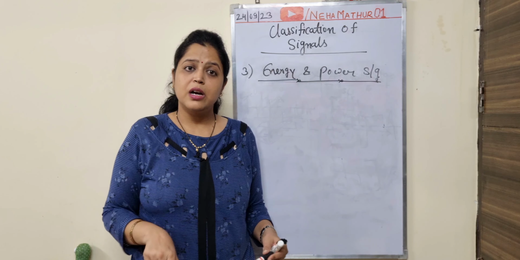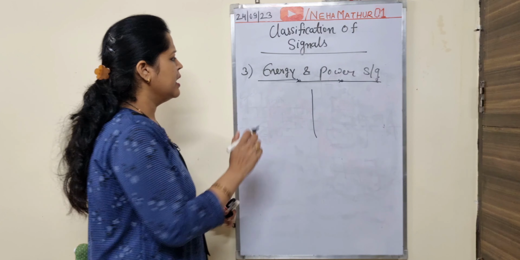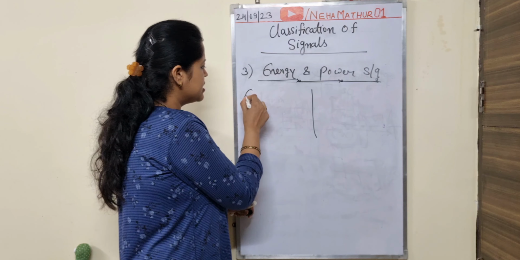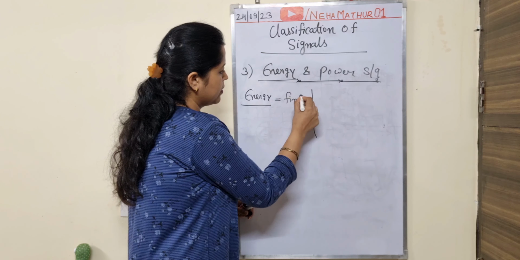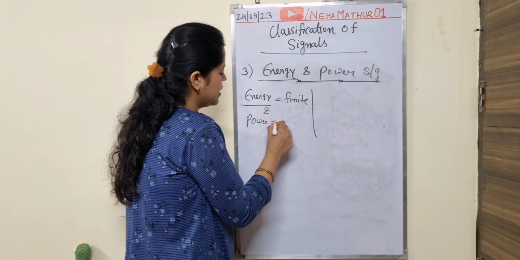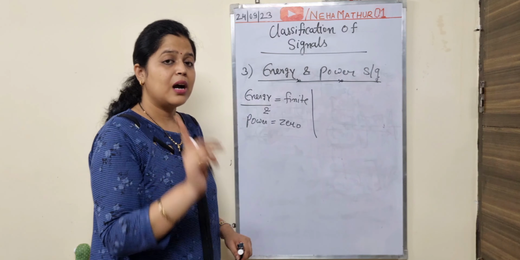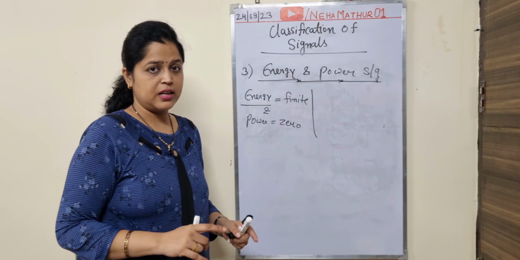But you must have a proper base, you must have an idea about the criteria for their categorization. Simply, if the energy of that signal is finite and power is 0, then such a signal comes under the category of energy signal.